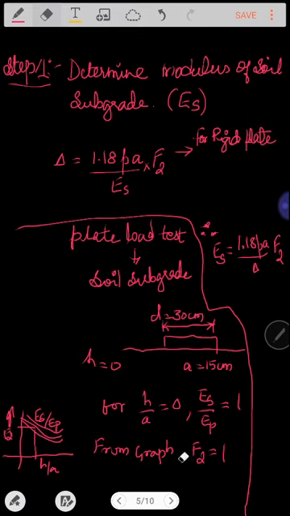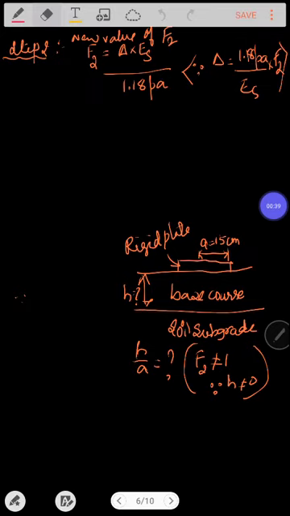When H upon A is equal to 0 or F2 is equal to 1, we can consider this plate to be resting over the soil subgrade, when there is no thickness of flexible pavement over the soil subgrade. Now suppose there exists a certain thickness h of flexible pavement, or a component of flexible pavement, over the soil subgrade.